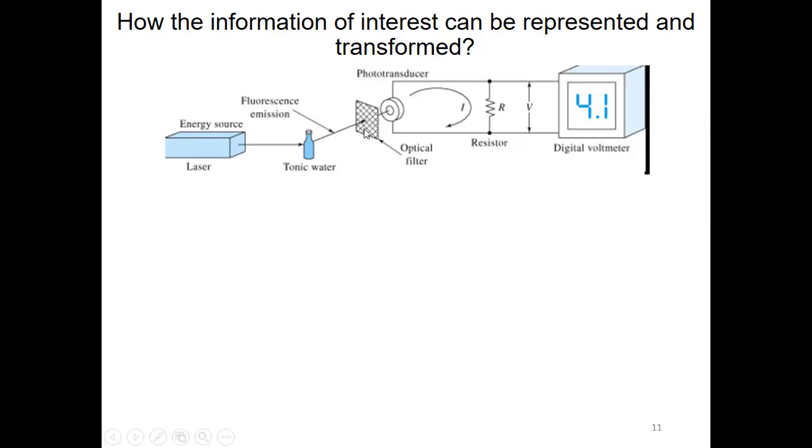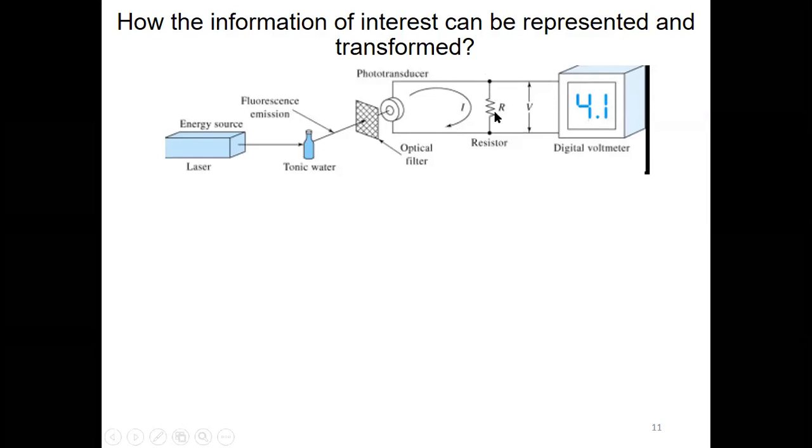It filters out any unwanted signals, and only the wanted, interested optical signal is further transferred. It then goes through the phototransducer, which transfers the fluorescence energy into current, Ci.